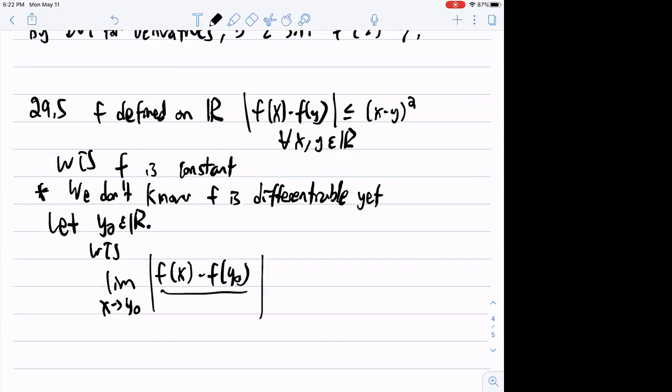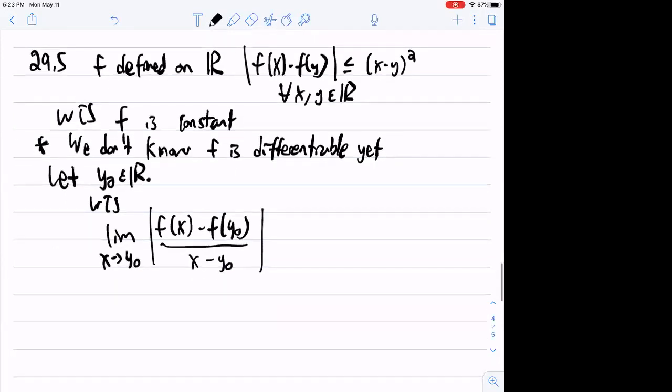I'm going to take the absolute value. I'll sort of explain why, but it's enough to show that if this limit is 0, then without the absolute value, it's 0, right? So let's show this. This thing, on one hand, is less than this, right? By the property above.